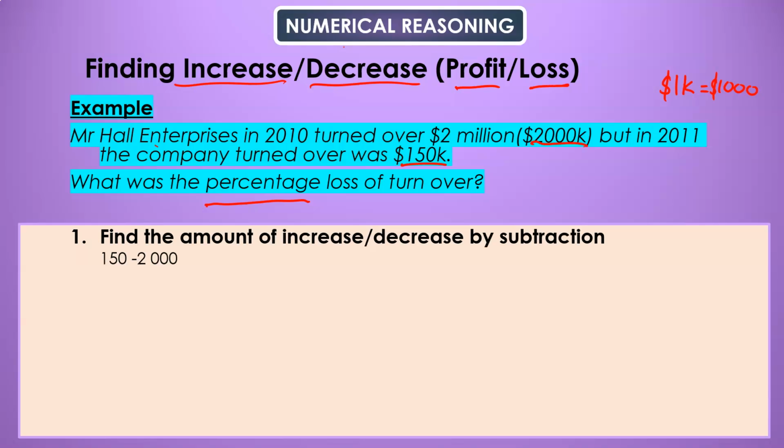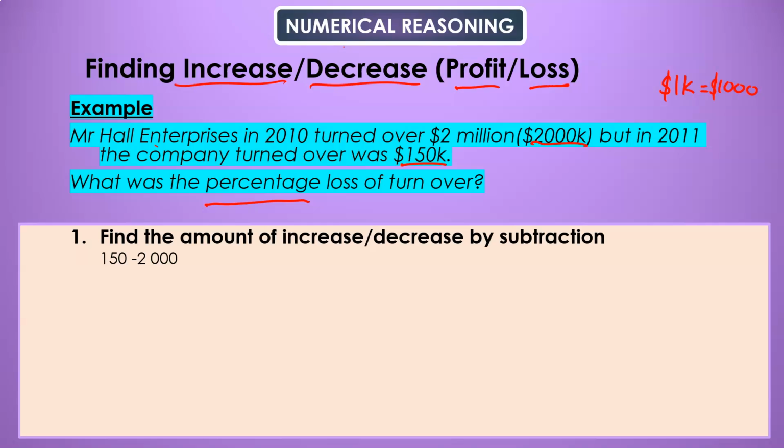In some ways it is important to think about which way around these numbers are. In the end, we should end up with a decrease, shouldn't we? Because if we look at our values, in 2010 it was 2,000, and in 2011 it was 150.